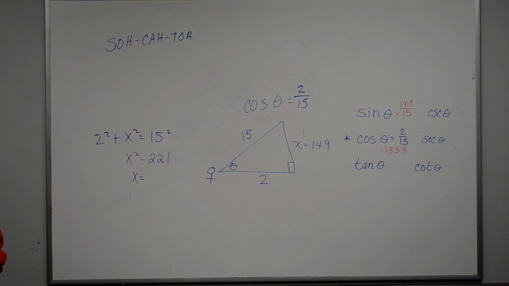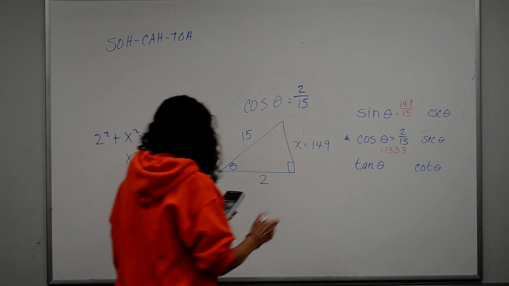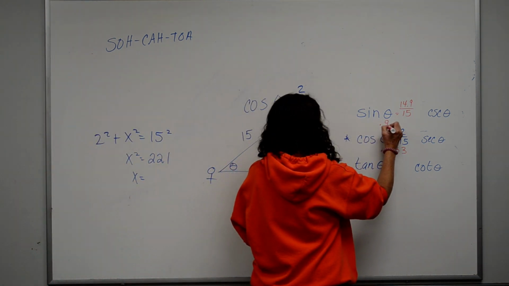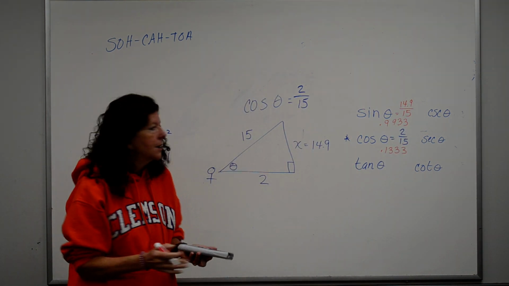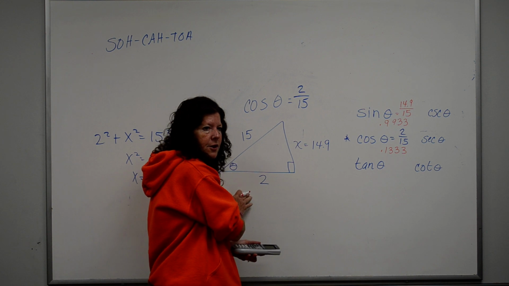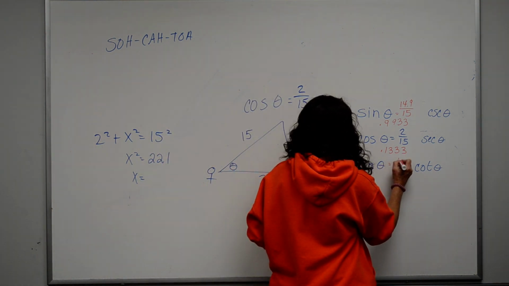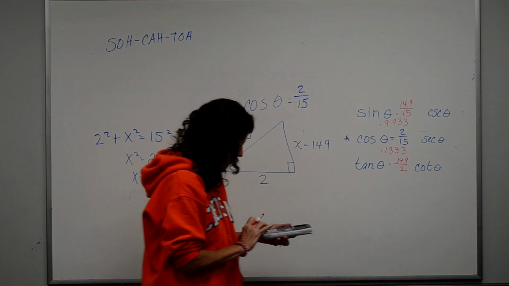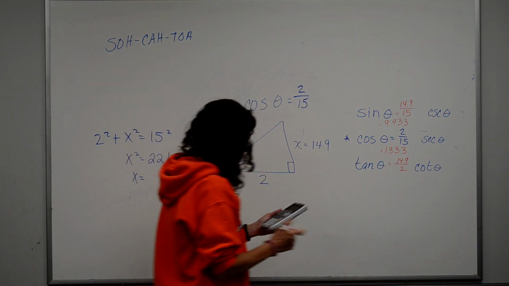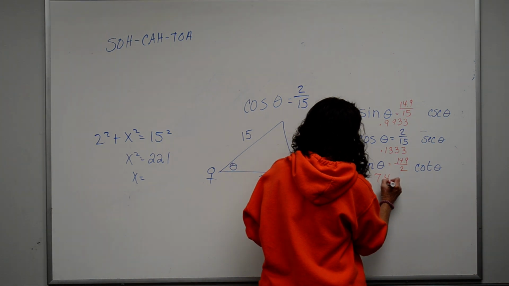So 14.9 divided by 15, I'm going to have 0.9933. Tangent, opposite over adjacent. So 14.9 over 2 is going to give me 7.45.